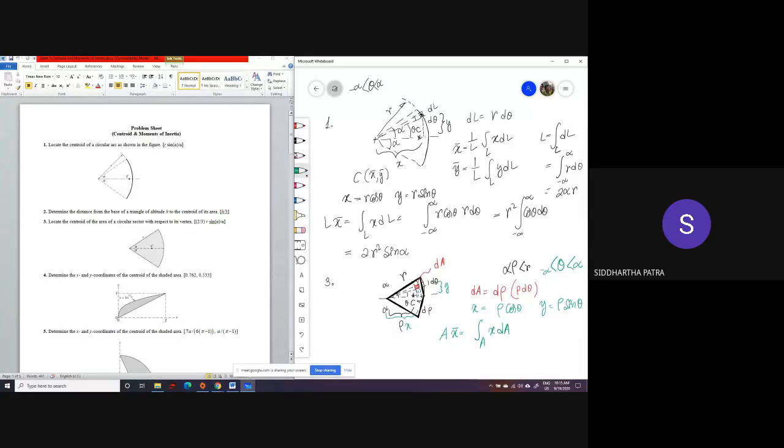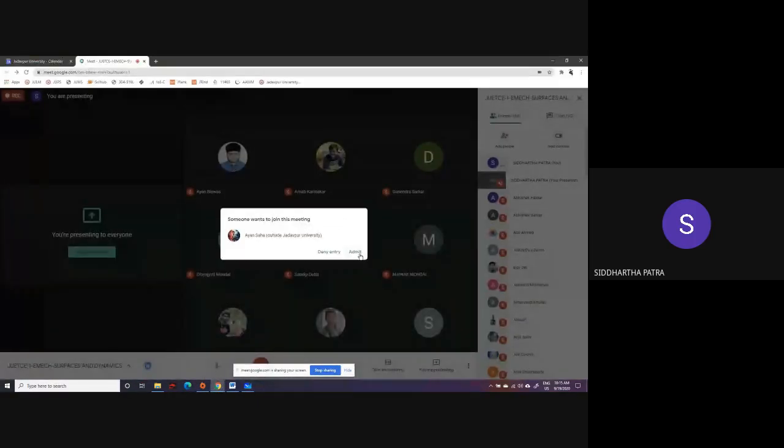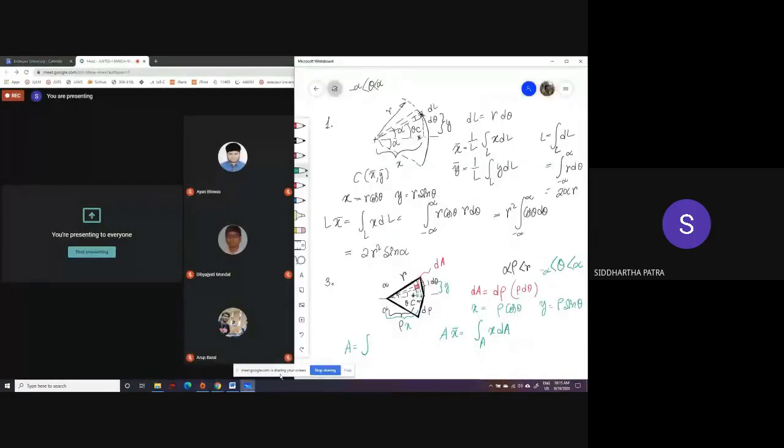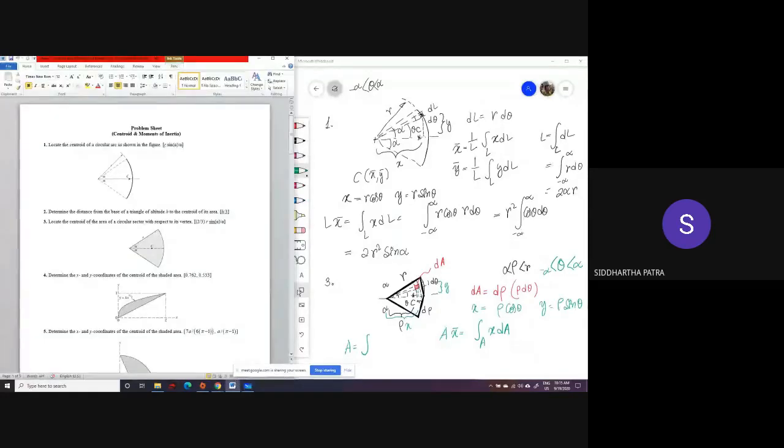Okay, now A is integration dA, which is basically double integration rho d theta d rho.